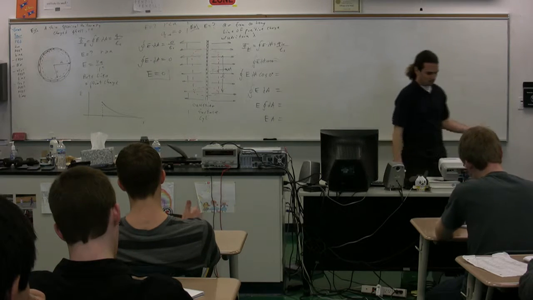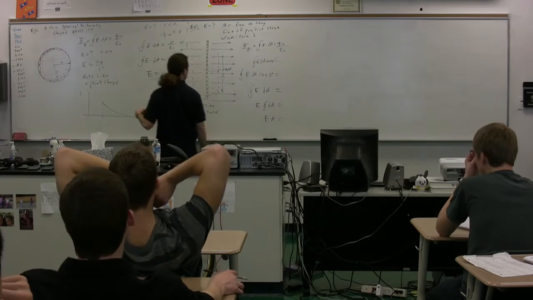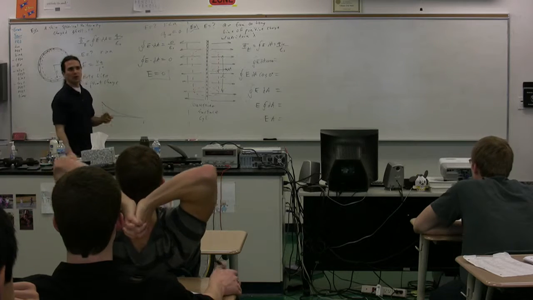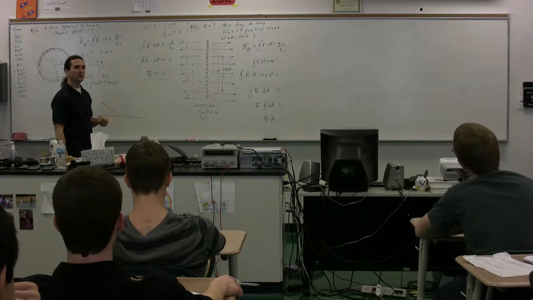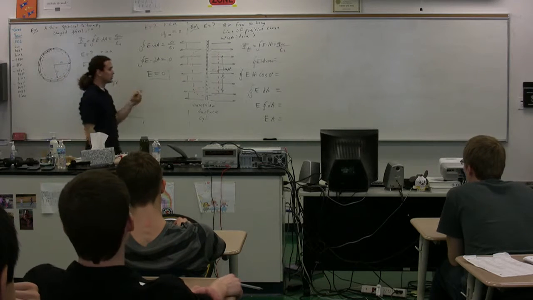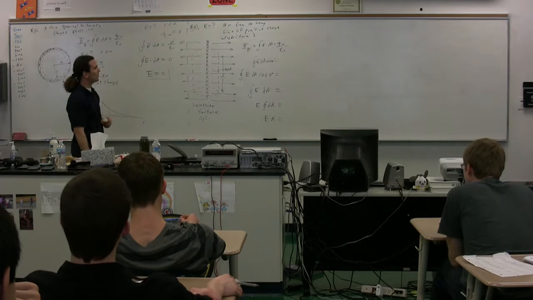Meg? I'm not sure. Okay. I need to know why it goes away from the wire. Potter. Because we use a positive test charge. Small positive test charge. And if we took a small positive test charge, it would be repelled away from there. So we know the direction.